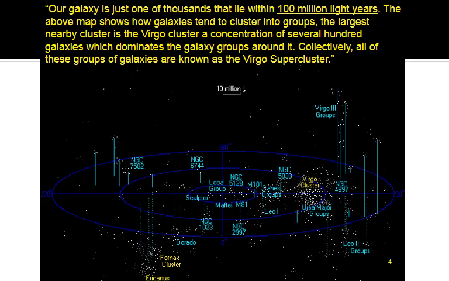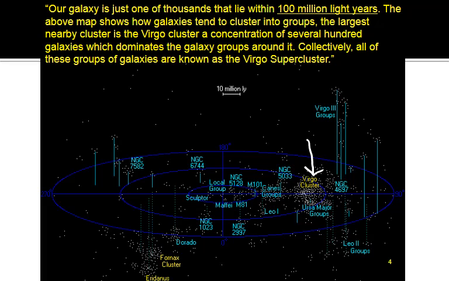And so our galaxy is one of thousands that lie within 100 million light years. And this map here shows the nearby cluster, the Virgo supercluster. So these are clusters of galaxies. Now these white dots are actually clusters of galaxies, or galaxies themselves. And the Virgo cluster, all these dots represent the cluster of them.